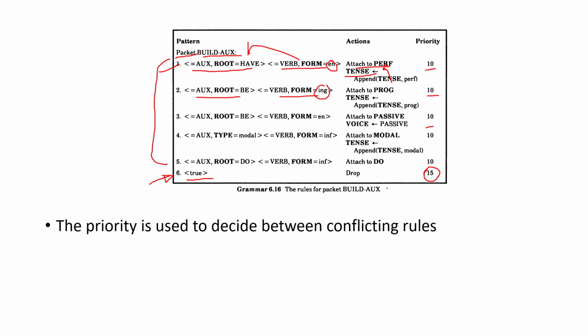So when none of these rules are applicable, you give this particular rule a lower priority. Okay, and each of these packets is associated with a symbol. Okay, so the build aux packet is associated with the auxiliary verb. Similarly, we can associate packets with other constituents also.